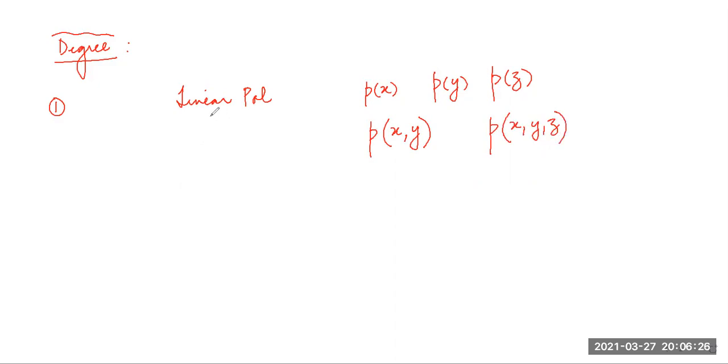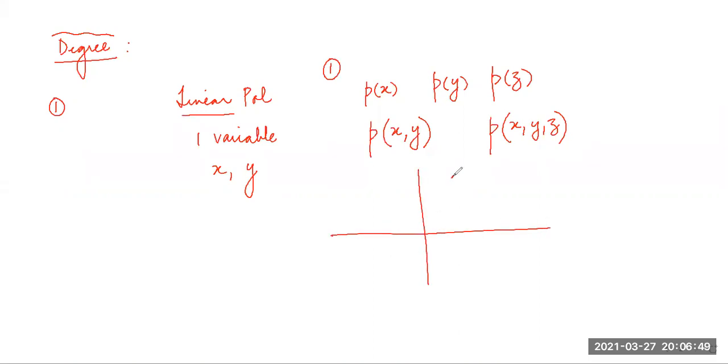In our syllabus, we will be dealing with only polynomials with a single variable, maybe x or y. A linear polynomial has degree 1. It's known as linear because when we represent it on the xy plane, it's always a straight line.